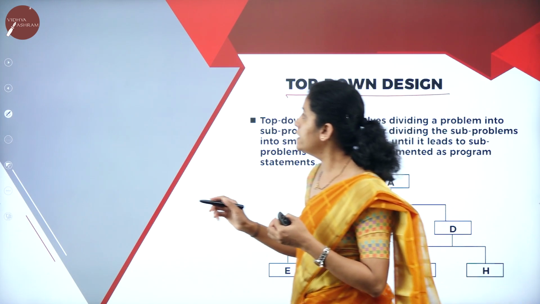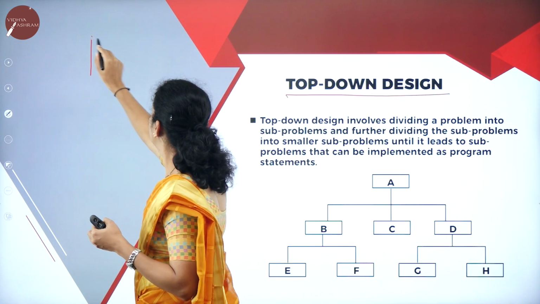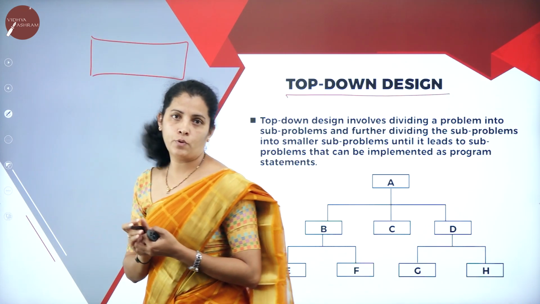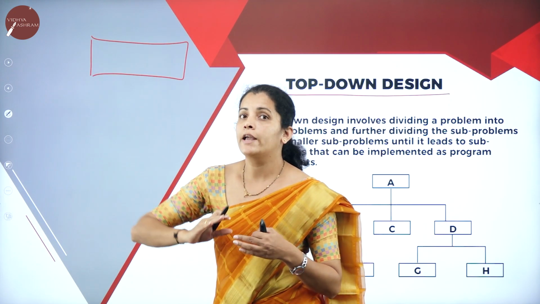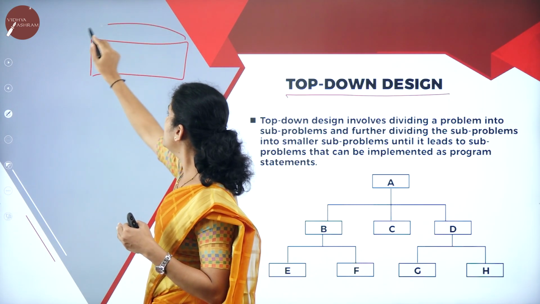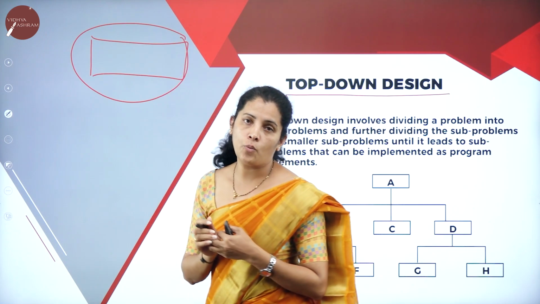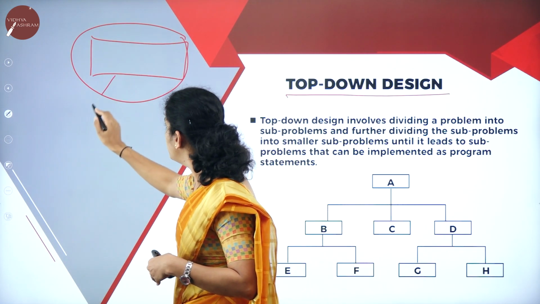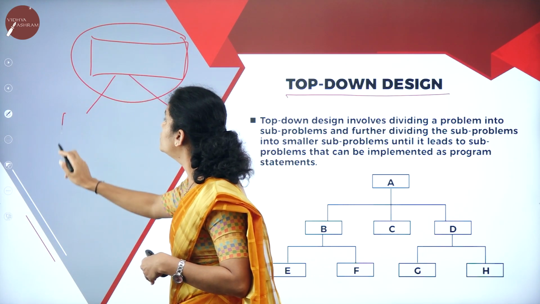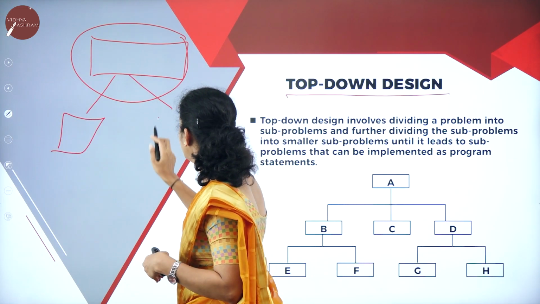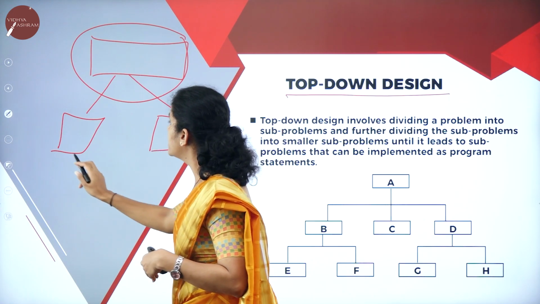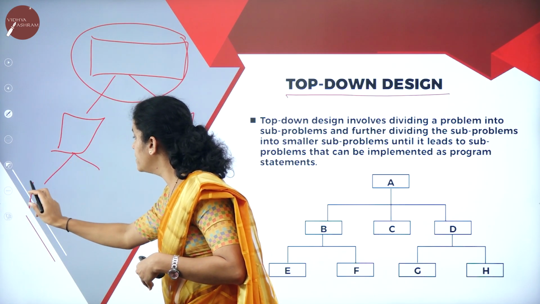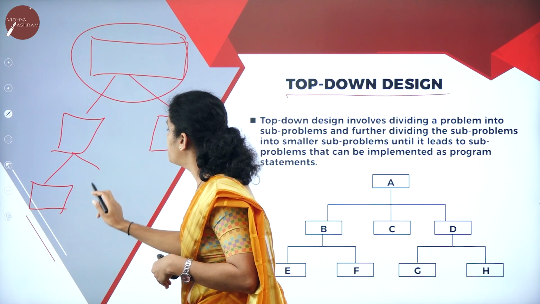That means, think that I have a large complex problem. What will I do? I cannot find the solution for the complex problem, so I'm going to divide this problem into a number of sub-problems. Then once again, I'm going to subdivide these sub-problems.